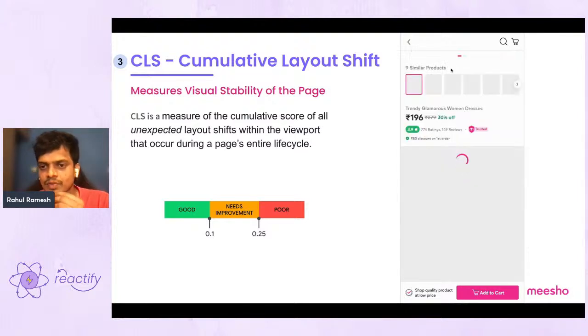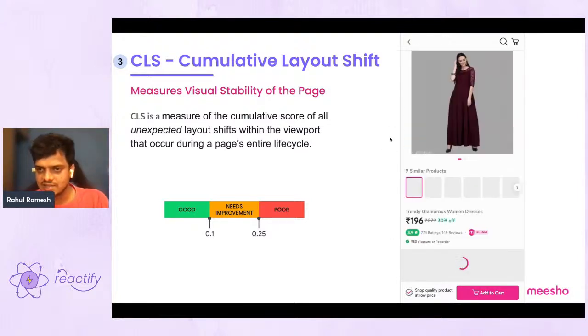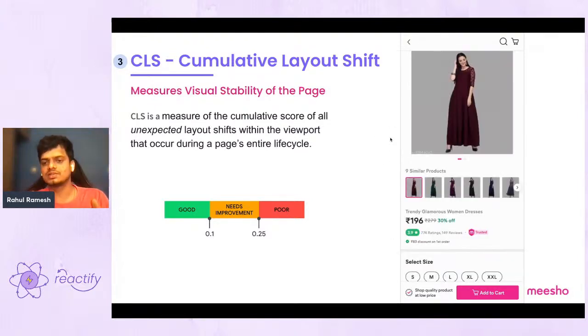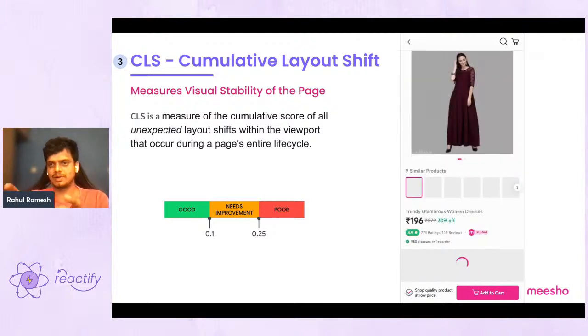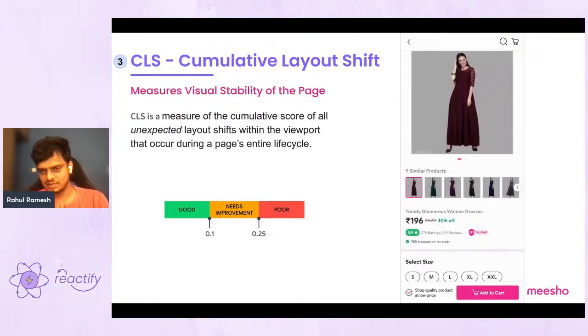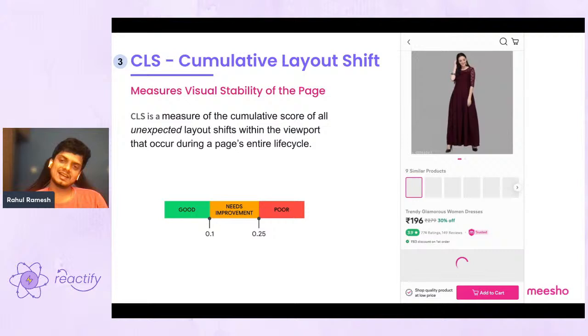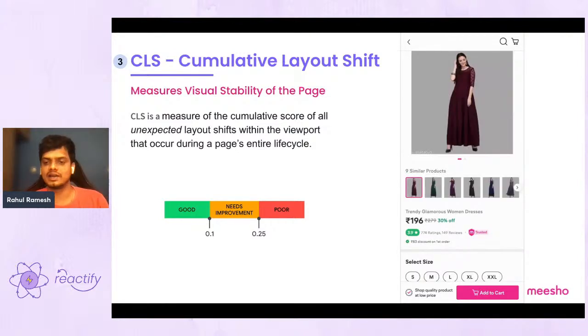Initially I'll render it like this, and then when the image loads, it pushes all the content below, right? It's not just pushing one content. In this particular GIF, it looks like only one element is pushing everything else, but internally it is pushing a lot of layouts, right? The page consists of multiple layers.